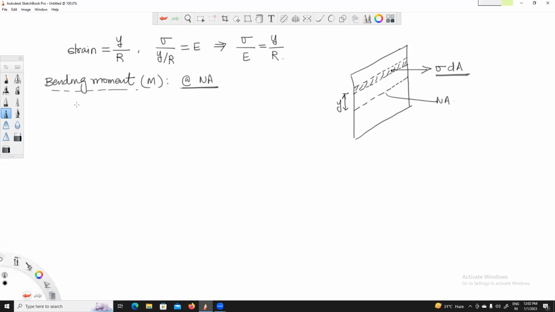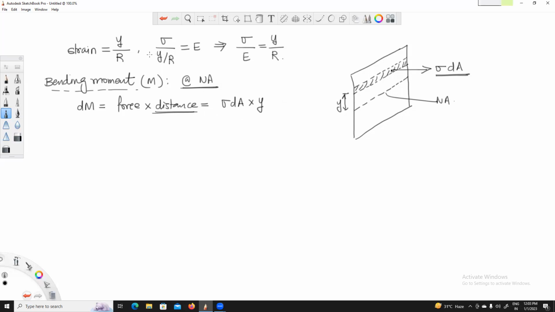So the small bending moment, let me denote this as dM, is equal to force multiplied by distance. What is this distance? The distance between neutral axis and force. So this is sigma times dA multiplied by the distance of separation of that particular fiber from the neutral axis, which is y.